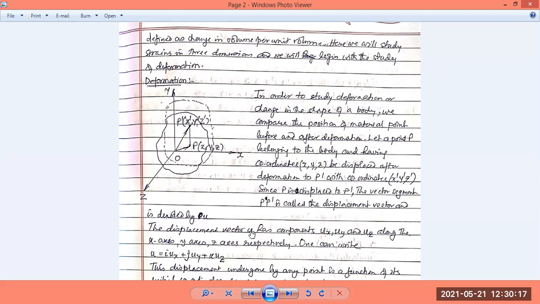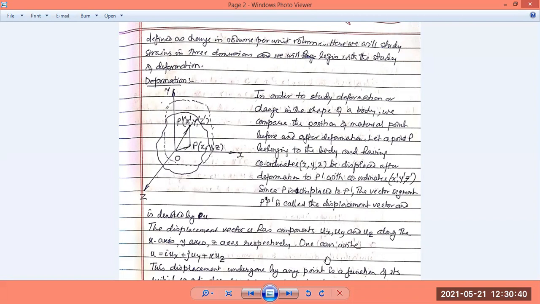Now this displacement vector u, which is a straight line with a certain distance, must have certain components along the x-axis, y-axis, and z-axis. These components are given as ux along the x-axis, uy along the y-axis, and uz along the z-axis itself. The displacement vector u has components like this.